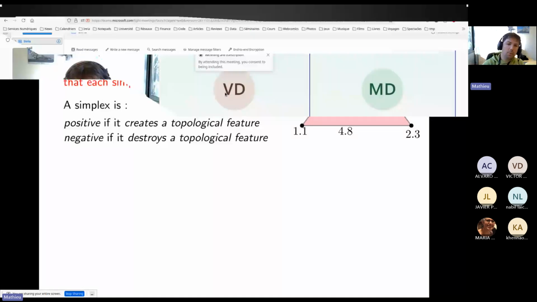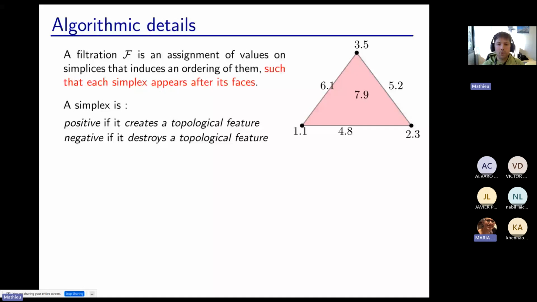The algorithm just processes the simplices one by one. First, it sorts them based on their filtration values. Remember, on the image, the filtration was the pixel intensity, but I can use any function I want. Here, for instance, I'm filtering a simple triangle based on the filtration values on all of its simplices: 3 points, 3 edges, a triangle in the middle.